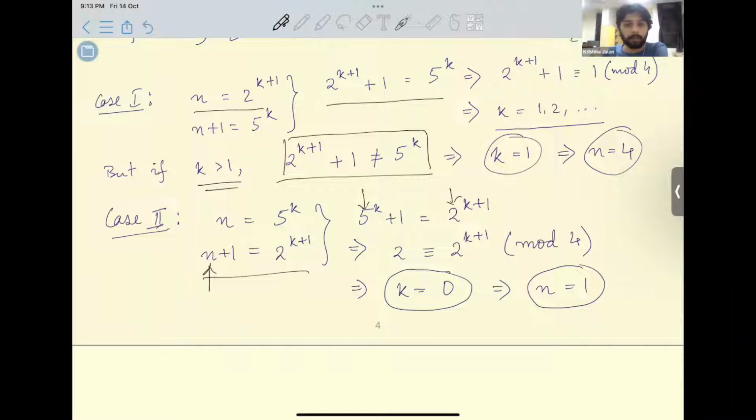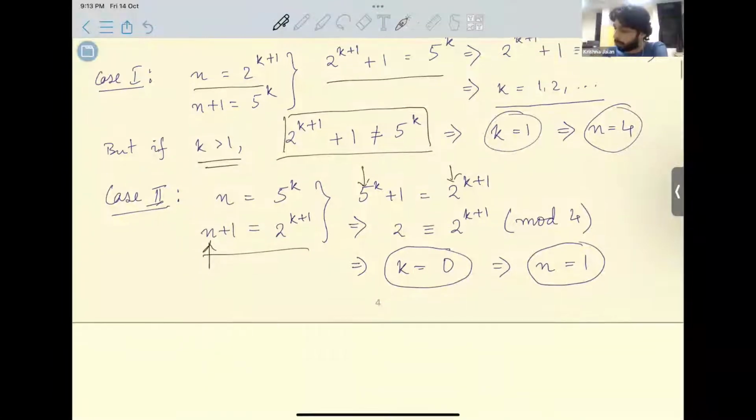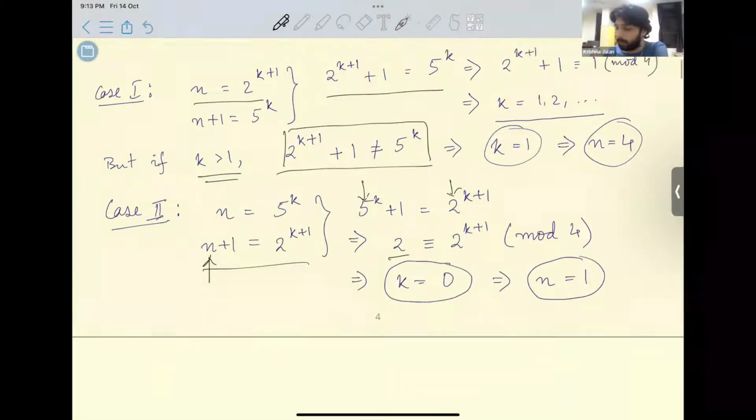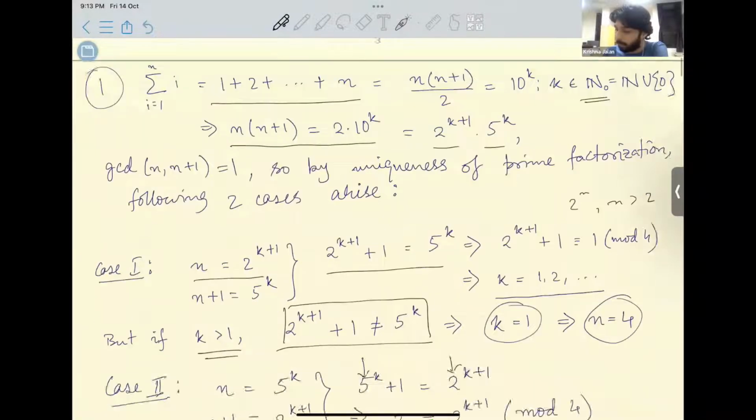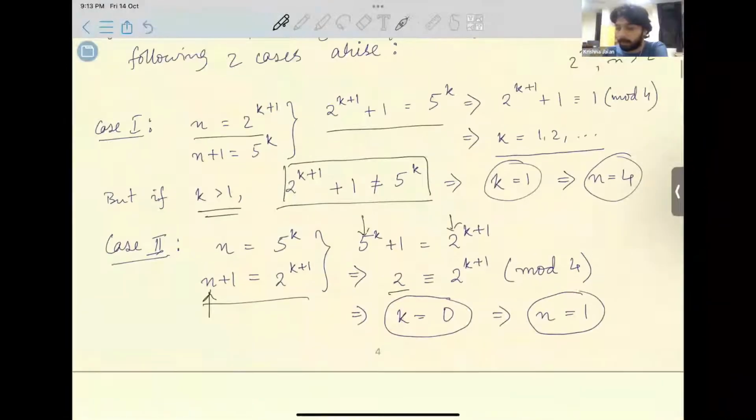So it's a convenient choice, you can see. On the left-hand side, I'll end up with 2, and on the right-hand side I keep it as it is. So this congruence relation is only satisfied when k is equal to 0. And for k equal to 0, n is equal to 1. And that is a very obvious solution. Okay, 1 is equal to 10 to the power 0. Any questions on this?